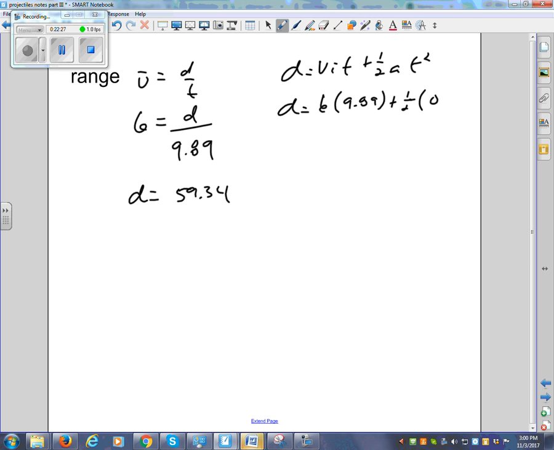So 0 times the time squared. Well, anything times 0 is 0, so all of that just disappears. So really, this formula is just this one with the added part of the acceleration. That's all it is. So you're going to get exactly the same thing.